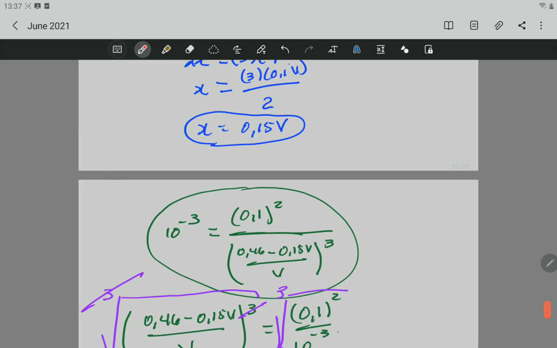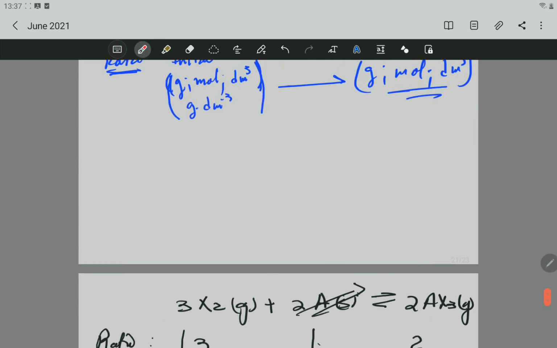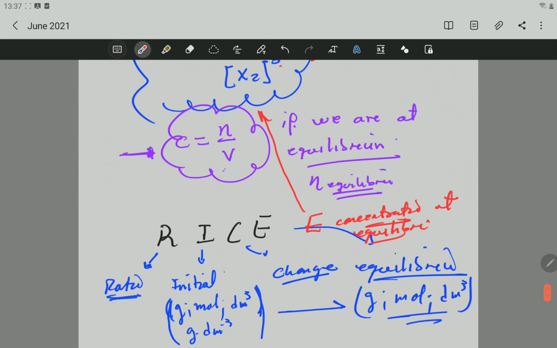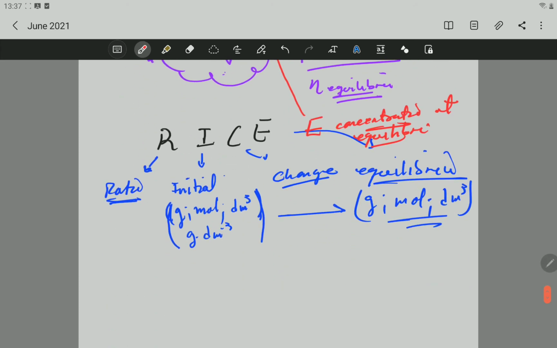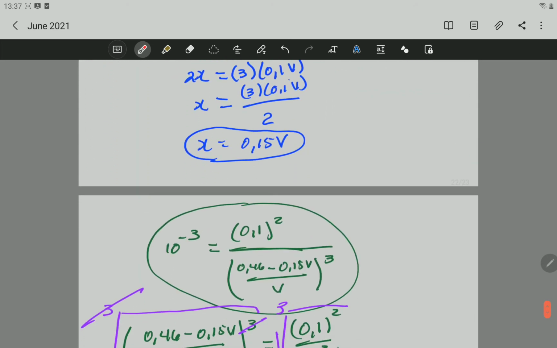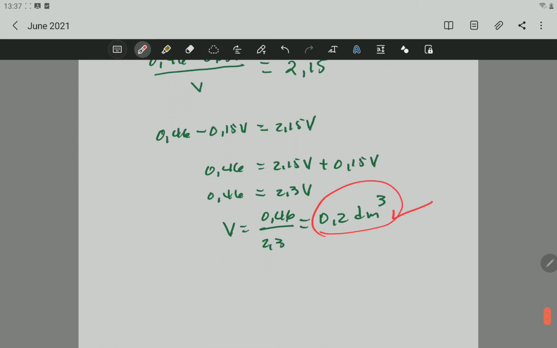Then 4 for the expression here, 5 for the substitution of this one, and 6, 7, and 8 for the final answer. So the total is 8 marks.